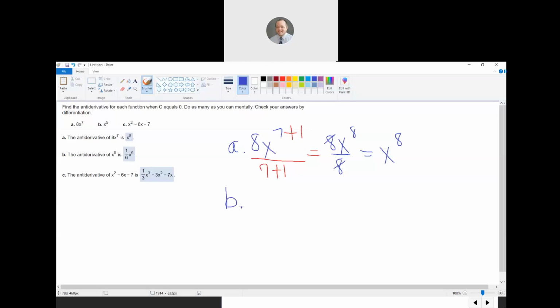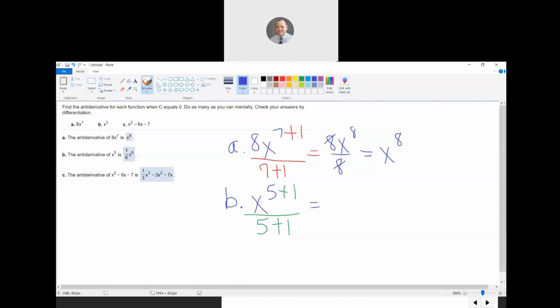Let's look at question B. Again, to take the antiderivative, you add 1 to the original exponent. And instead of multiplying, the opposite of multiplication is division. So you'll divide your antiderivative by the new exponent.